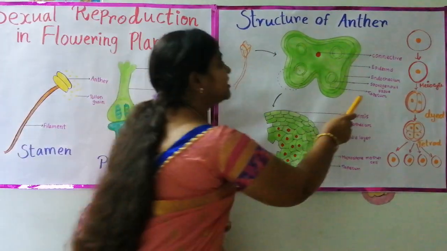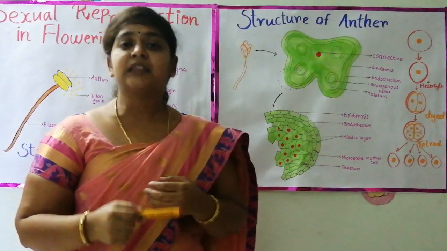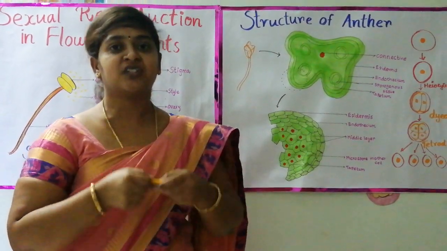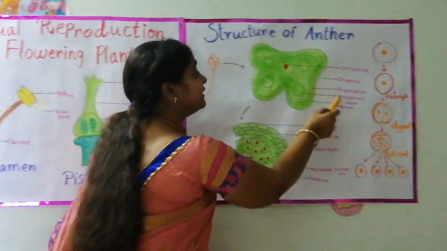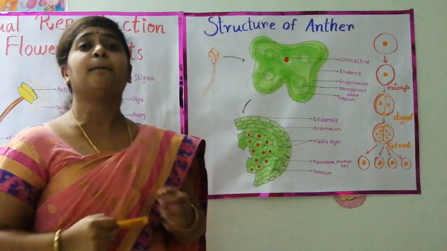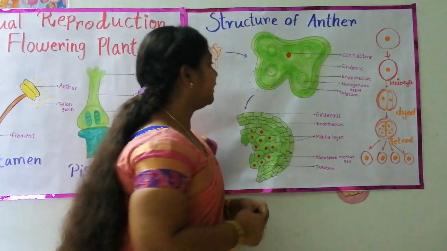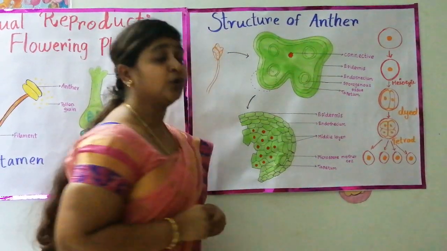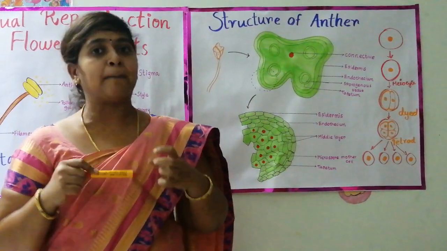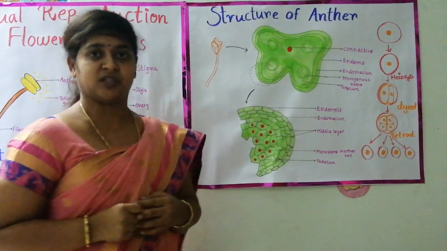They play the main role in forming the pollen grains, so we give the name sporogenous tissue. It is a very compact tissue, and it is also homogeneous tissue.